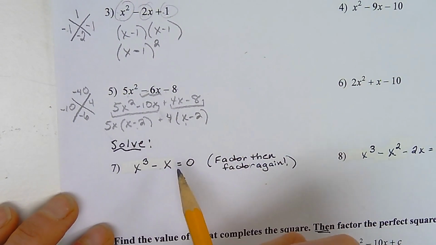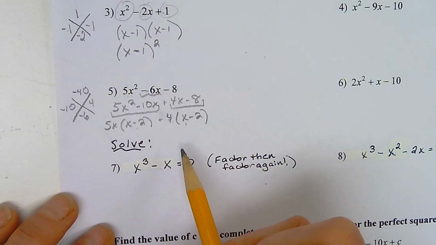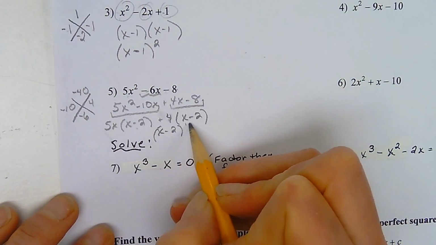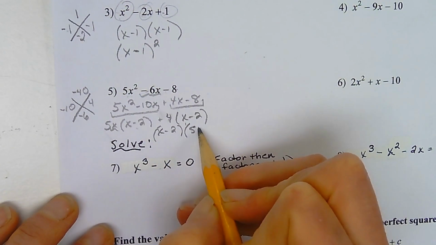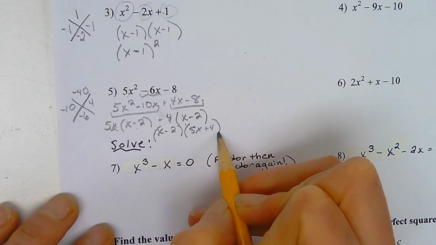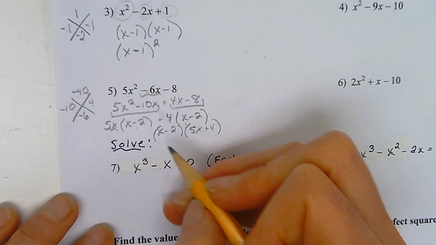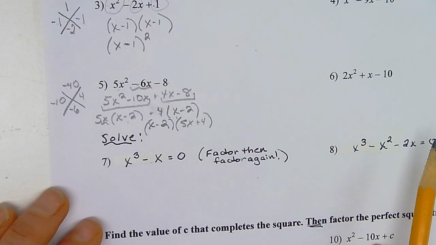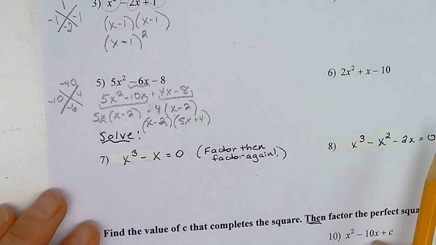Matching binomials is what we're looking for here. And I'm going to take x minus 2 out and then multiply it by 5x plus 4. And now it's in factored form. And remember, I don't have to solve. And you'll do the same thing for number 6, factor by grouping.